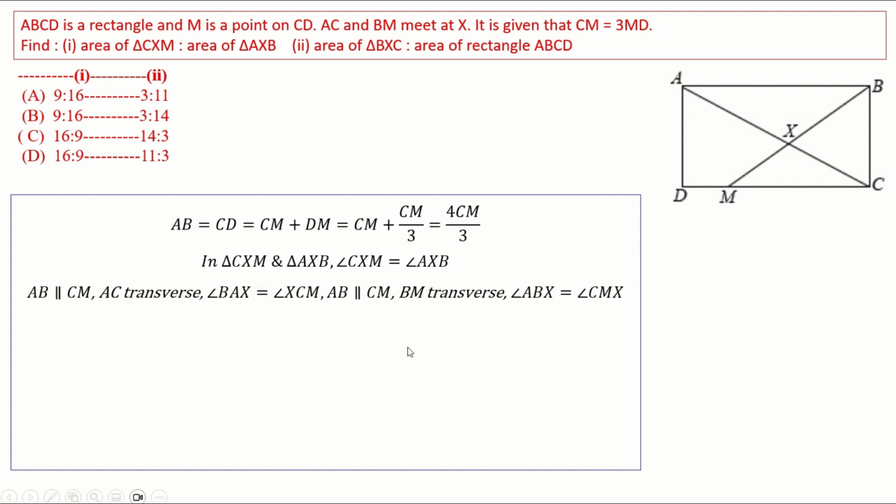Next, because AB is parallel to CM and AC is a transversal, angle XCM equals angle BAX, or XAB. This angle and this angle will be same.